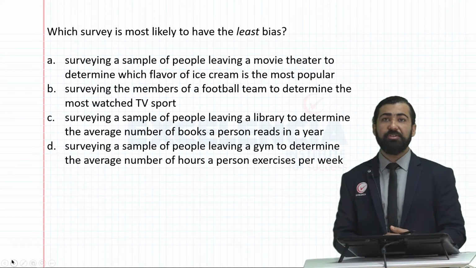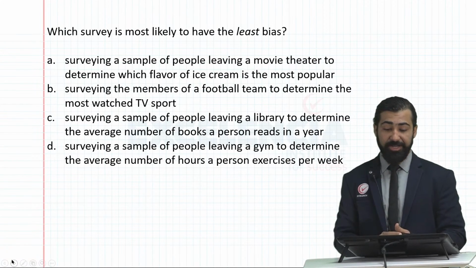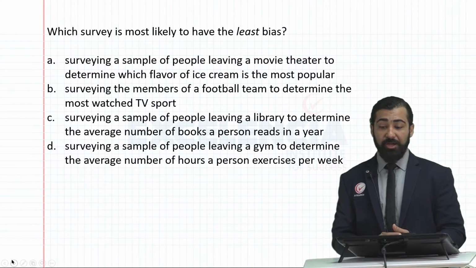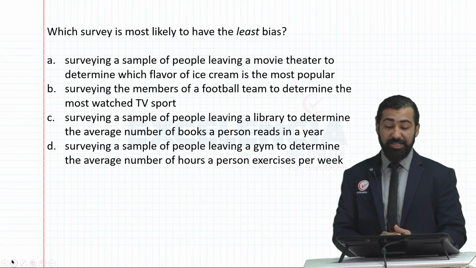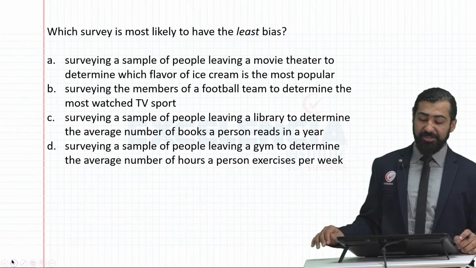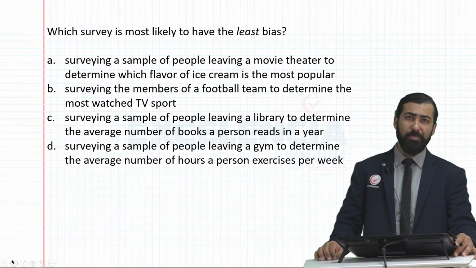Alright, so which survey is most likely to have the least bias? Option A: surveying a sample of people leaving a movie theater to determine which flavor of ice cream is most popular.